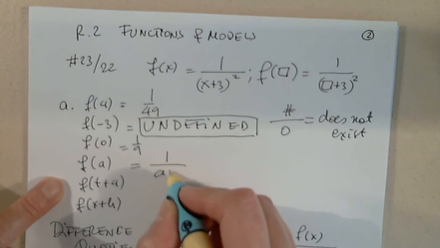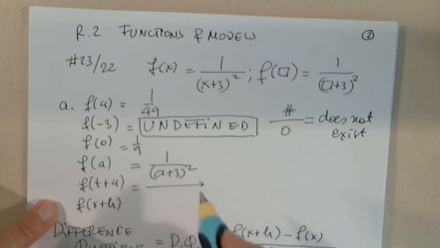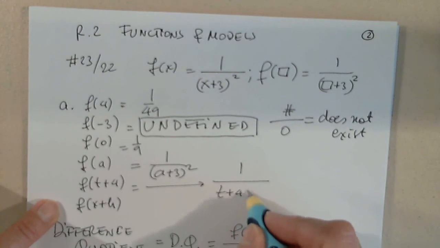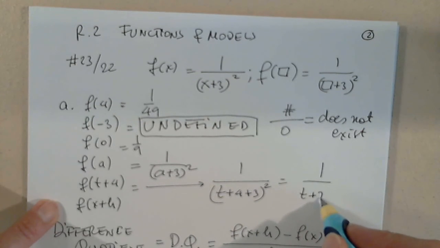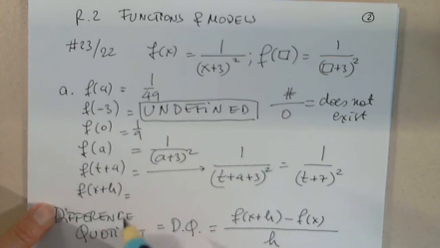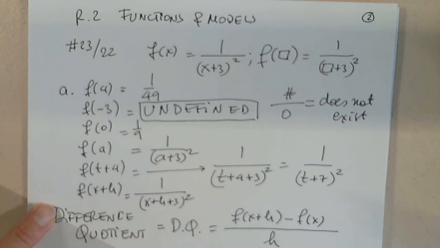So I have 1 over a plus 3, everything squared. The same thing with f of t plus 4, which will be 1 over t plus 4 plus 3, everything squared, which is 1 over t plus 7 squared. Nothing else is required here. Obviously, the same thing with f of x plus h. So it's 1 over x plus h plus 3, everything squared.